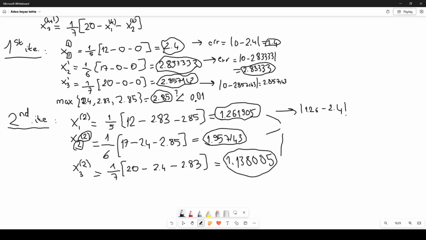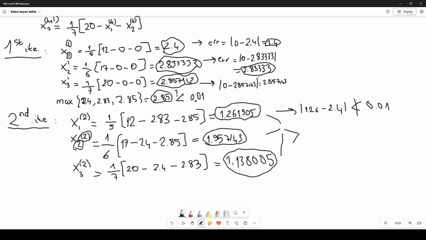So guys, there is one thing that you can clearly see, that we are still not able to reach the desired error tolerance, as this difference is not less than 0.01. And for the other unknown variables, the same thing is true, right?